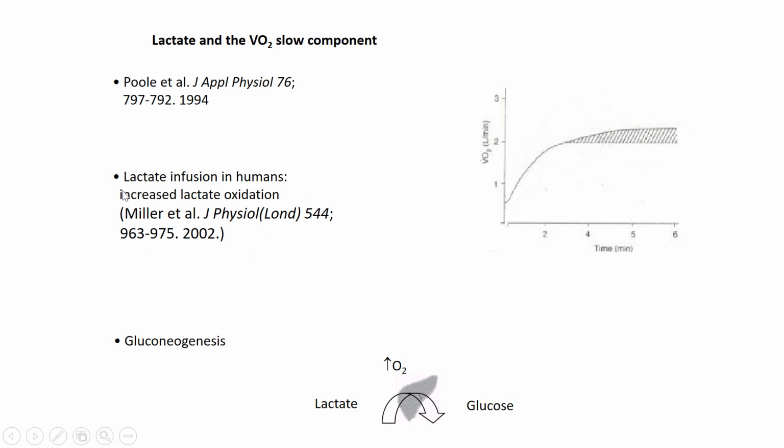In humans, they did infusions of lactate and found if you give me lactate, I'll just go ahead and use that preferentially for energy and spare glucose. And then there's some speculation that the gluconeogenesis, the taking of lactate and forming into glucose by the liver, might cause a little rise in oxygen, but that wasn't really stipulated or investigated in these two studies.